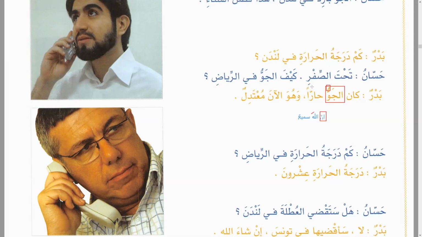And what is the khabar of kana? It's actually the maf'ulun bihi, but we don't call it maf'ulun bihi because this is incomplete. This is not the object as such. The translation is: al-jawu kana harran, the weather was hot. Because of the kana, the whole sentence has gone into the past, till the comma. The weather was hot.